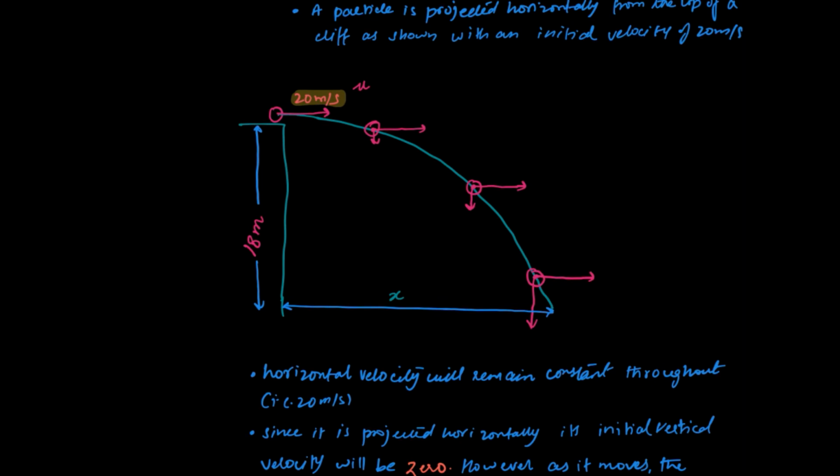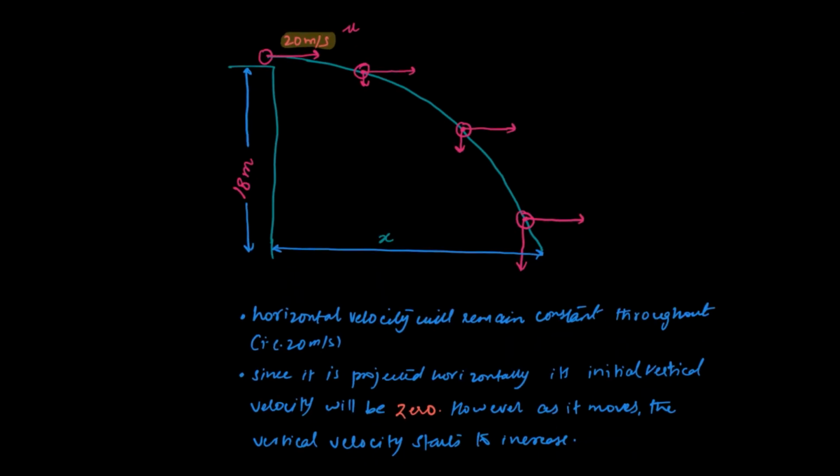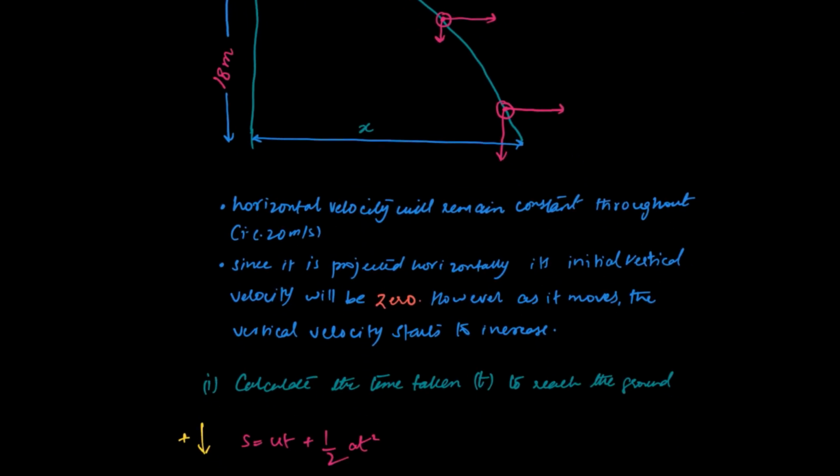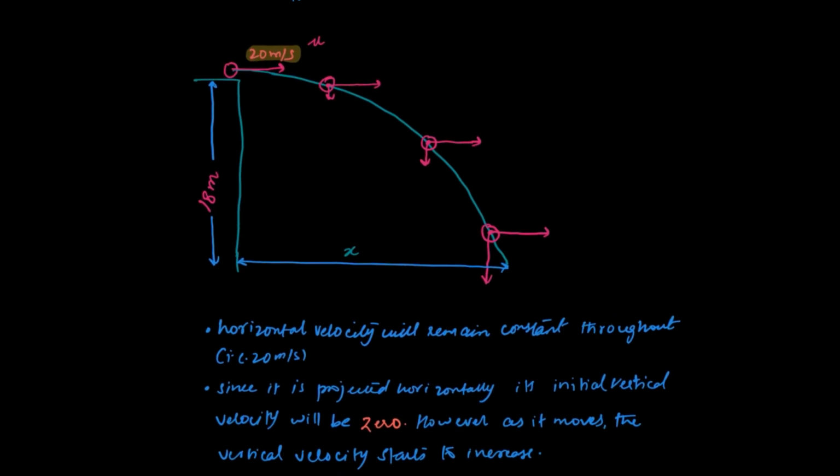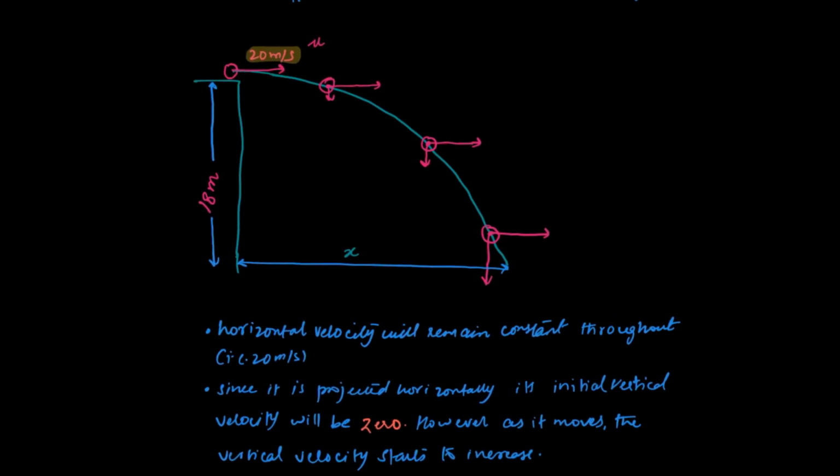So this tells us that the initial vertical velocity of the object will be 0, because the initial velocity was just towards the right.